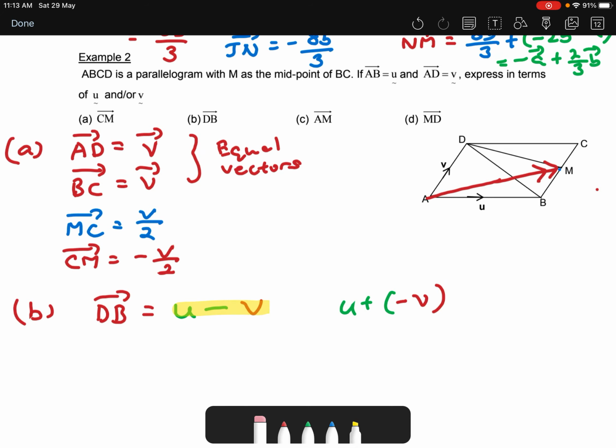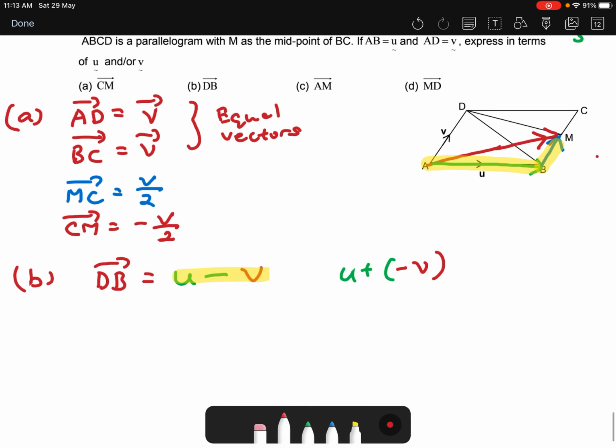So the 2 vectors will be this AB and your BM. So you form a closed triangle, green path, blue path, then you can't walk the red path already. So let's see. I have my AB, BM I also have, because I have my BC. BC is equal to V, so BM will be equal to V over 2.